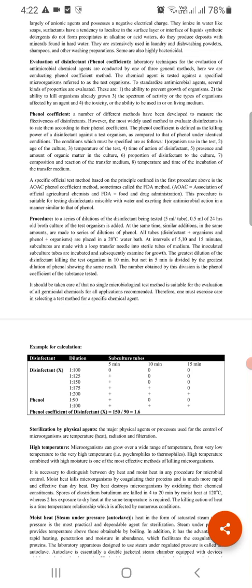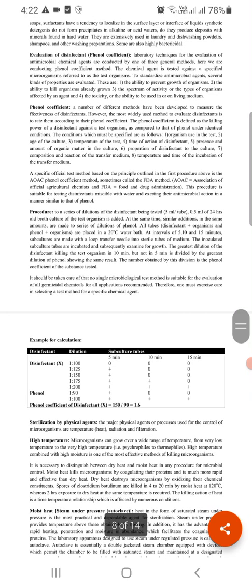The greatest dilution of the disinfectant killing the test organism in 10 minutes, but not in 5 minutes, is divided by the greatest dilution of phenol showing the same result, that is killing of the test organism in 10 minutes. The number obtained by this division is the phenol coefficient of the substance tested.